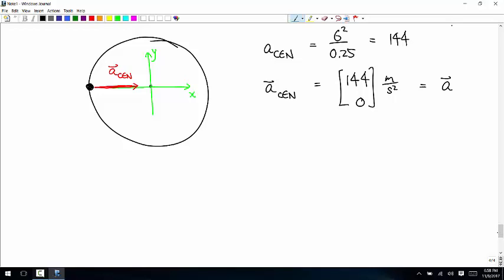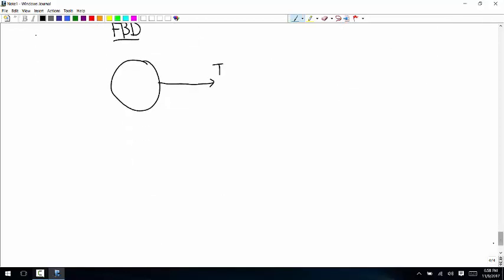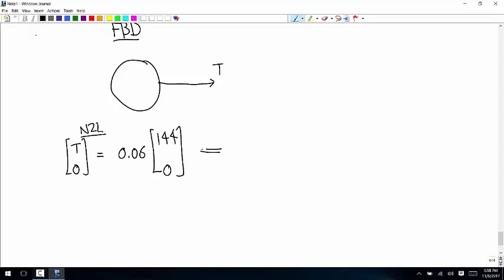Yeah, exactly. So the tension changes too. So free body diagram. Now the only force that's going to show up is the tension this way. And so Newton's second law says T, 0 is equal to 0.06 times the vector 144, 0.